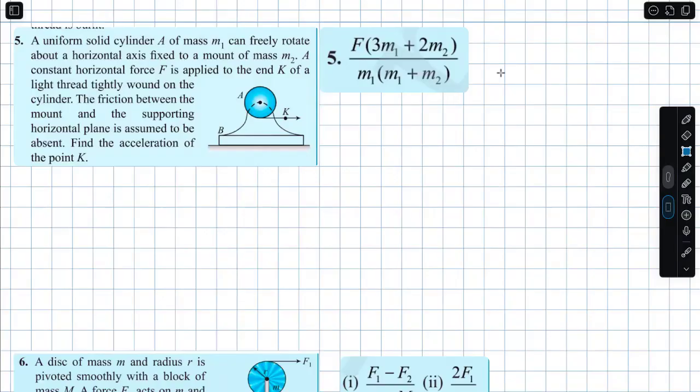A constant horizontal force F is applied to the end K of a light thread tightly wound on the cylinder. The friction between the mount and the supporting horizontal plane is assumed to be absent. Find the acceleration of the point K.